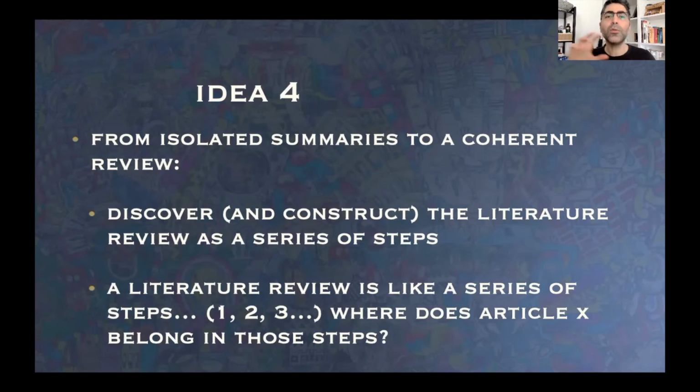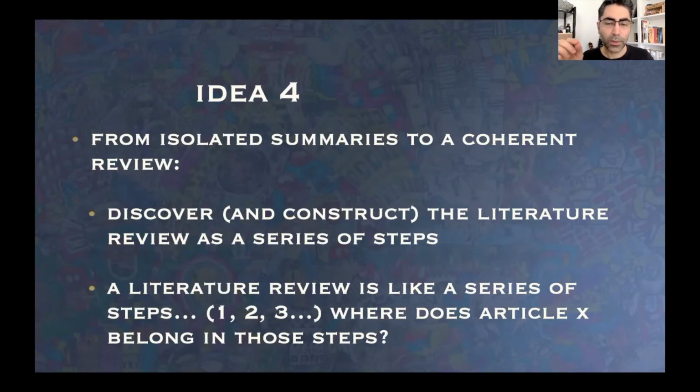And the way you move from those isolated summaries to a coherent review is by discovering and constructing the literature review as a series of steps. So you discover what is, relatively speaking, a more foundational point. That would be your first step or second step. And what is relatively closer to your own research, that's like later stages in the review.